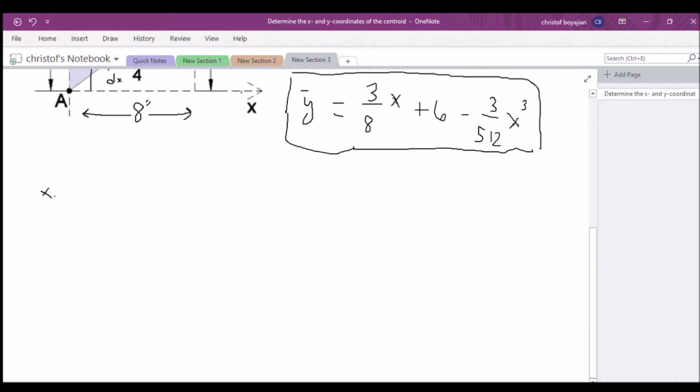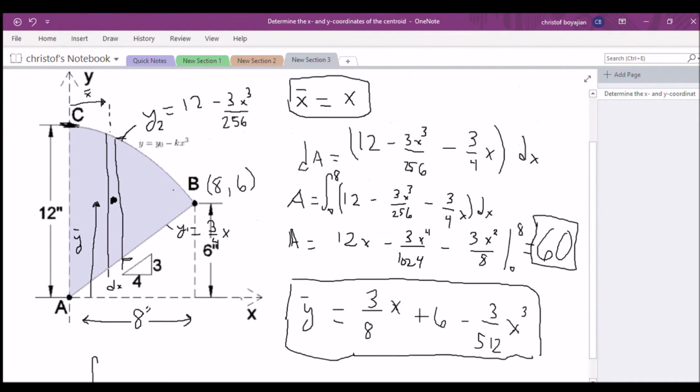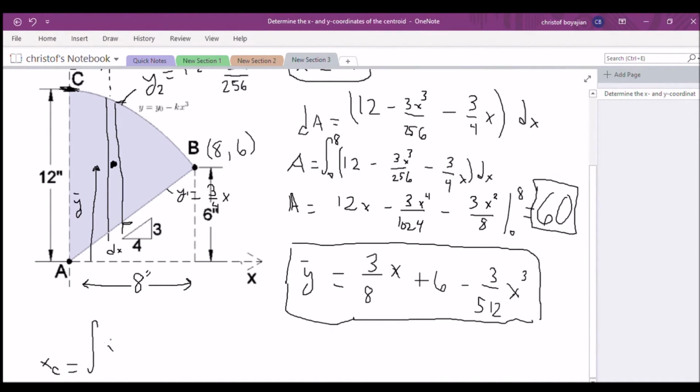So xc is the integral. Now our x bar is what? It's just x. So our x right here times our dA, which is 12 minus 3x cubed over 256 minus 3x over 4, times dx, and from 0 to 8 is our bounds.